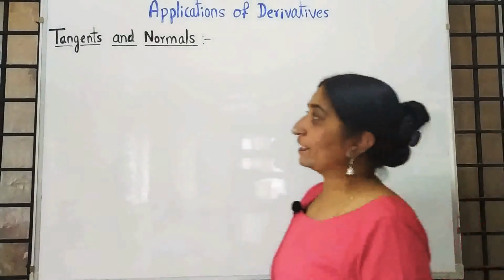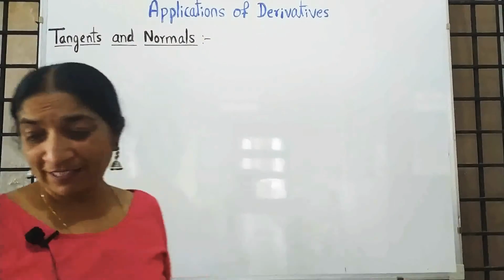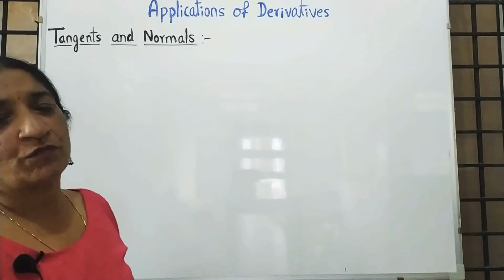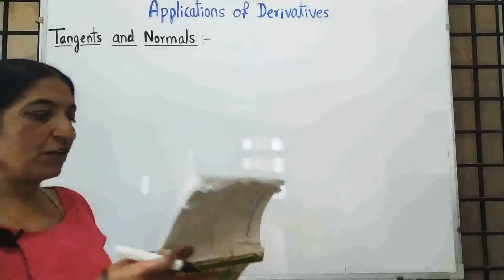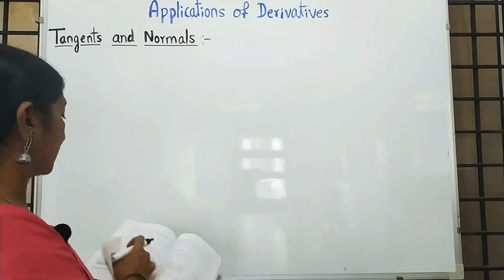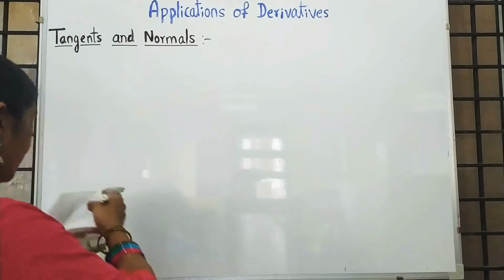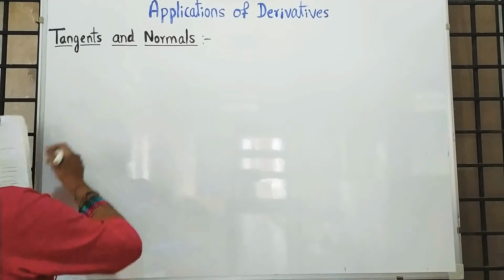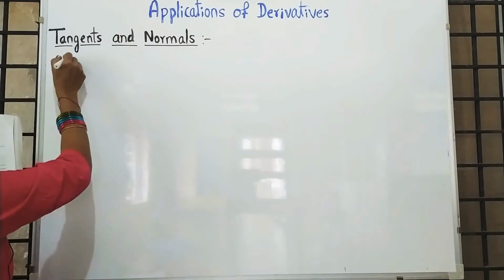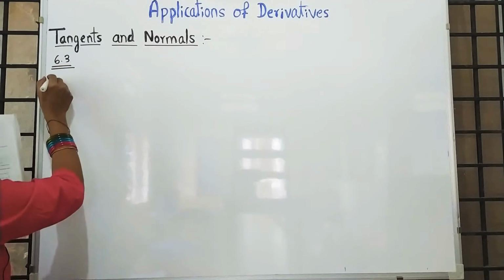Now moving to the same questions in the same category, that is find the slope of the tangent or normal. Now I am giving you the examples from exercise 6.3. Exercise 6.3, first question.